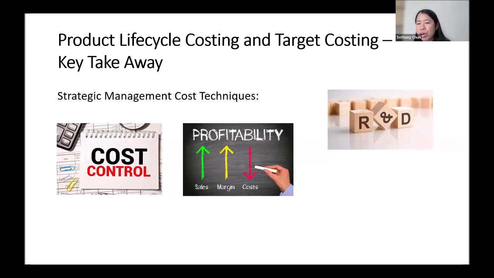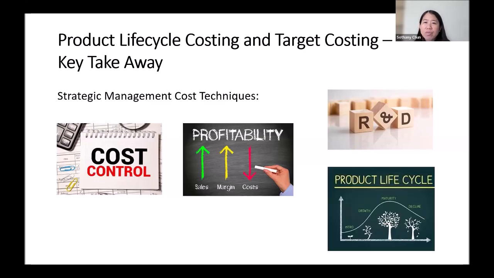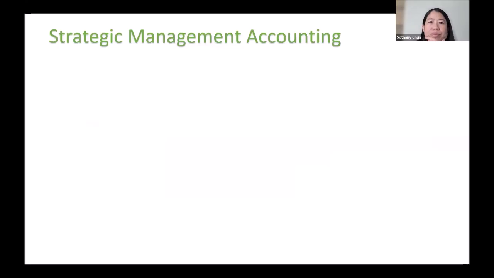Then you go back to R&D and try to do different things. Whereas for product lifecycle costing, the area where you look at cost control or where you can increase profitability from the product is throughout the life of the product, which includes the introduction, growth stage, maturity stage, and decline stage.